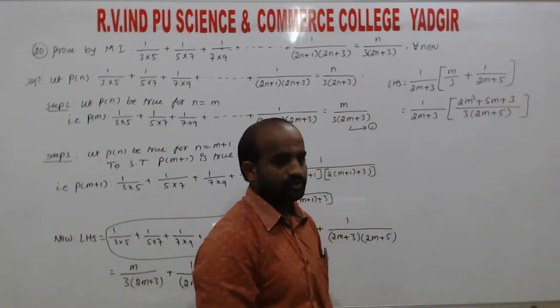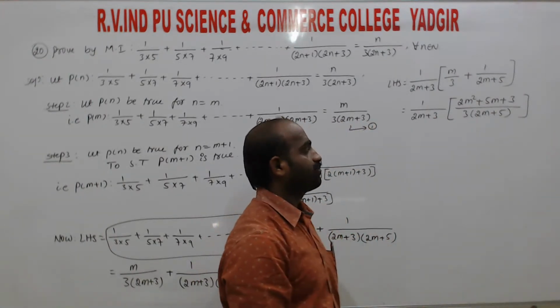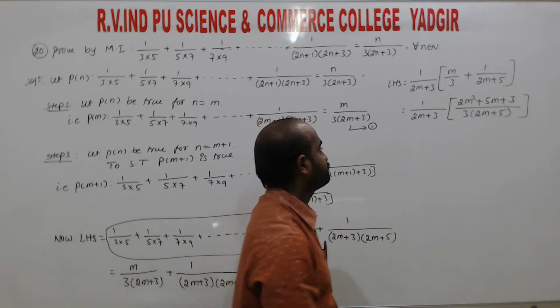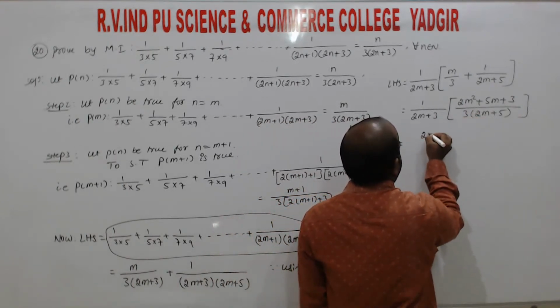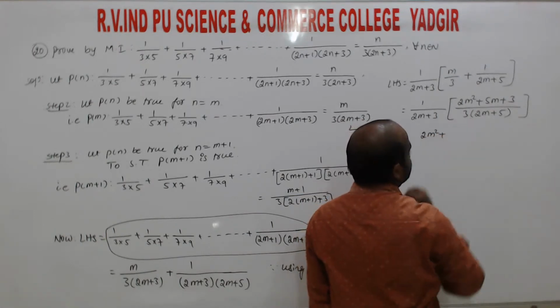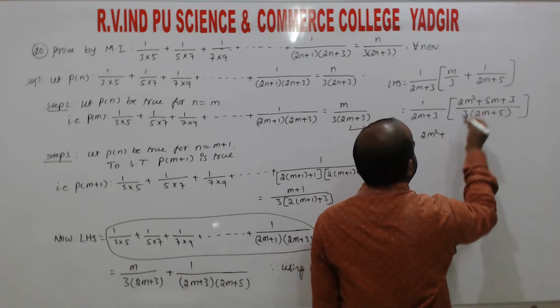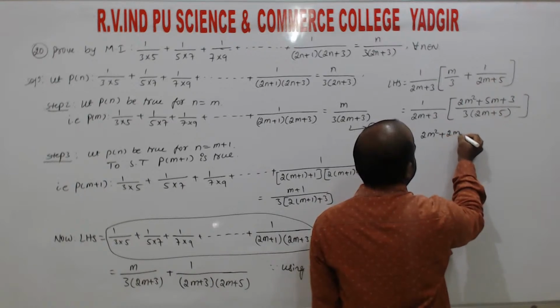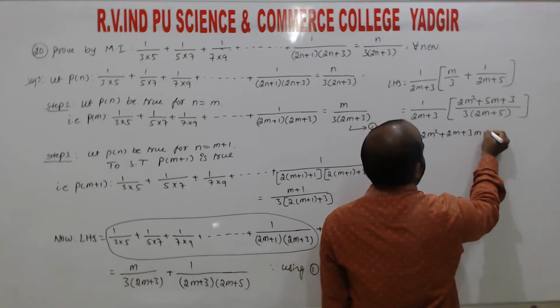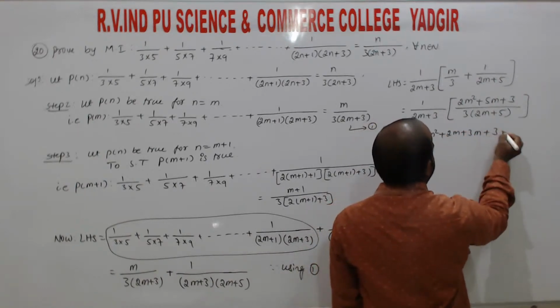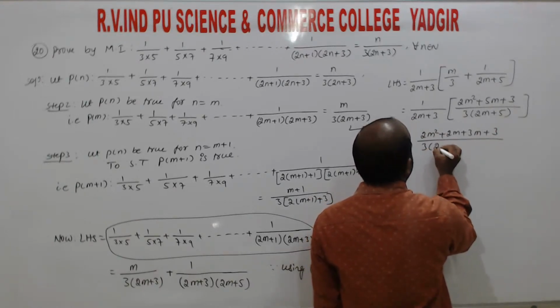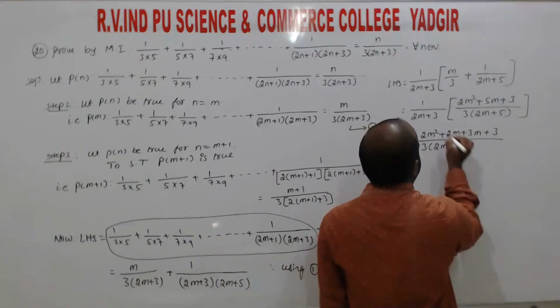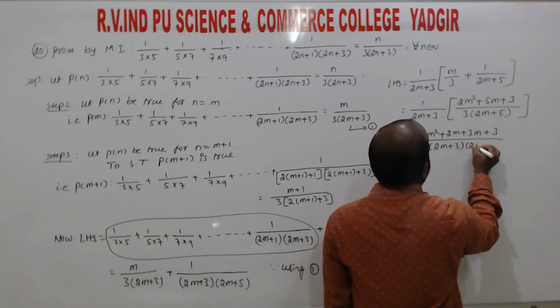And the factors in the numerator 2m square plus 5m plus 3: 2m square as is, 5m can be written as 2m plus 3m, plus 3, whole divided by 3 into 2m plus 3 into 2m plus 5.